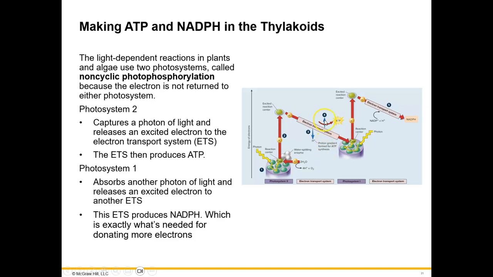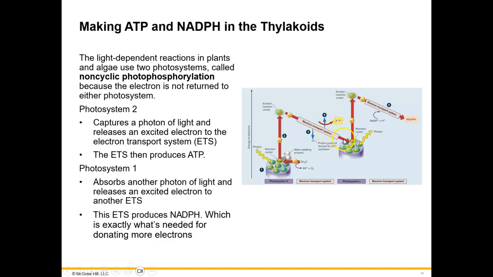That's what's happening here. And when that happens, they provide the right conditions for ADP to phosphorylate into ATP here. So that's where our energy is made in our first electron transport system. The energy is released into the stroma so it can be used in the Calvin cycle.